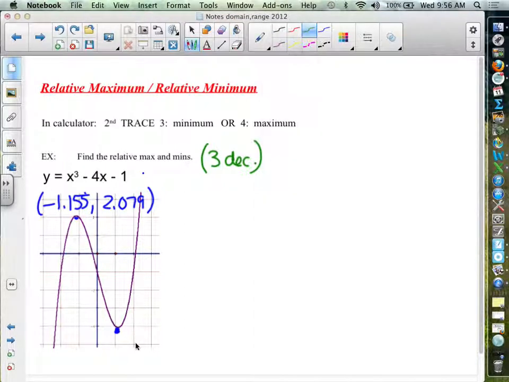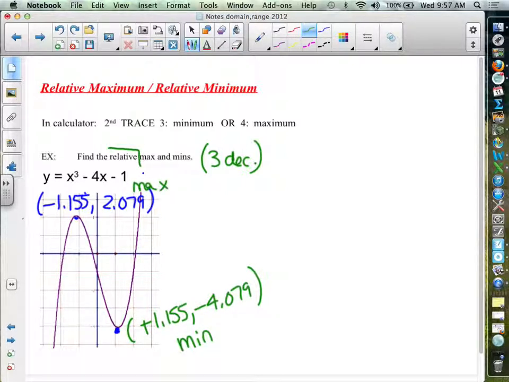So this minimum then is at positive 1.155, and it's negative 4.079. So minimum, maximum. This term relative means that it's not the highest point or the lowest point on the curve, because the curve continues on to negative infinity and positive infinity. It's just telling you specific changing points in the graph there.